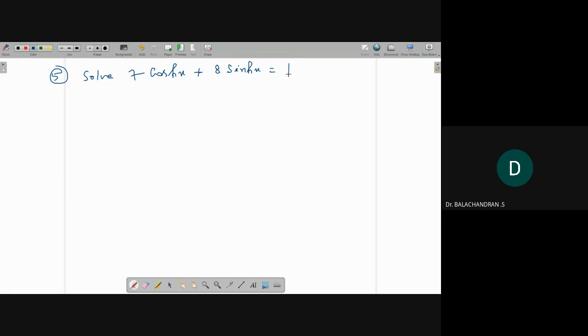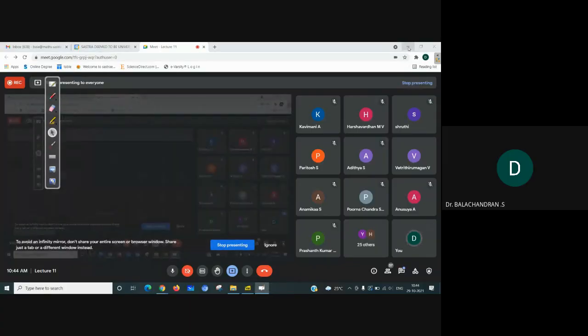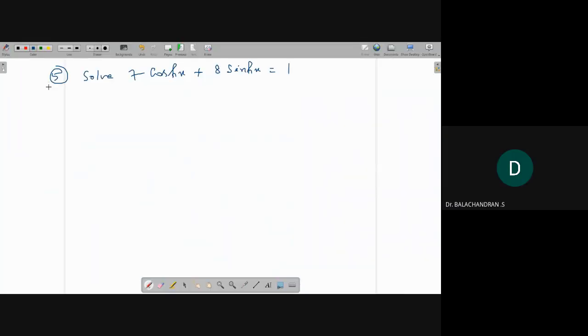So any idea to solve this problem? I need to find the value of x. Start with some identity and get there.